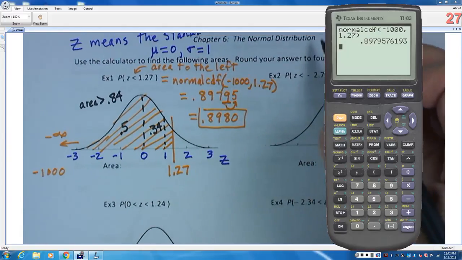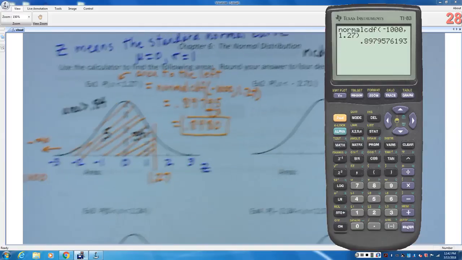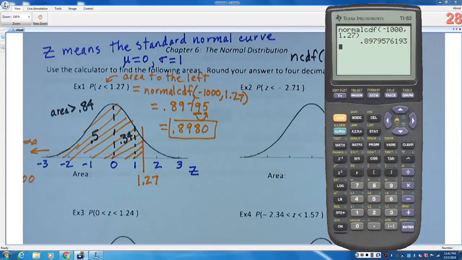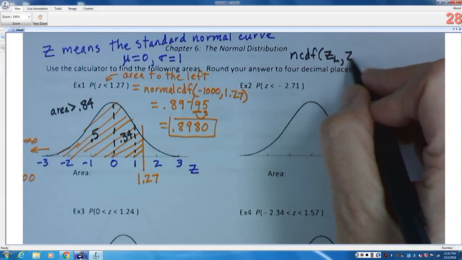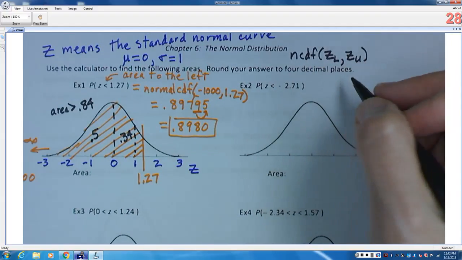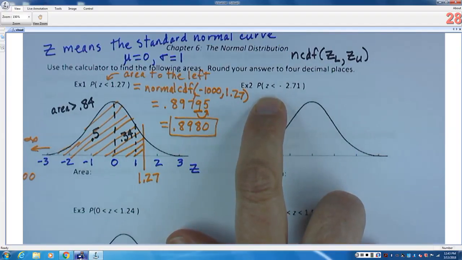We're finding all these probabilities using normal CDF, the lower limit of Z, comma, the upper limit of Z. If you're using Z, you don't put anything else, you leave the mean and standard deviation at 0 and 1, or leave it off. Okay, so these will all be Z. This is the first step.